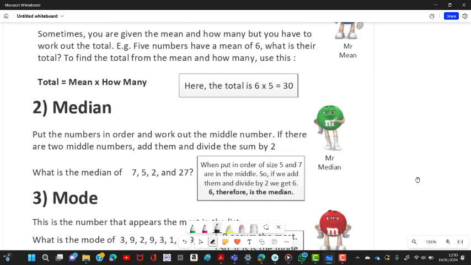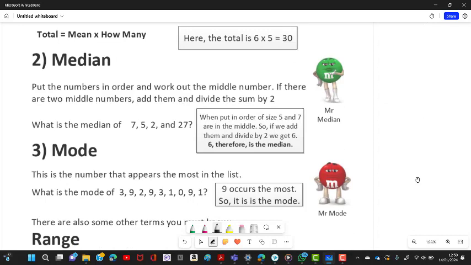Let's start with mode. So what is mode? Mode means the one that appears most often. So in the example here, what is the mode of this series?